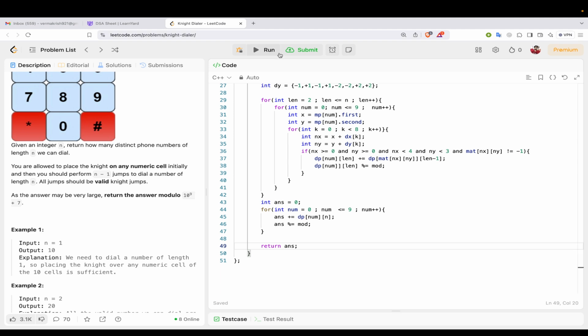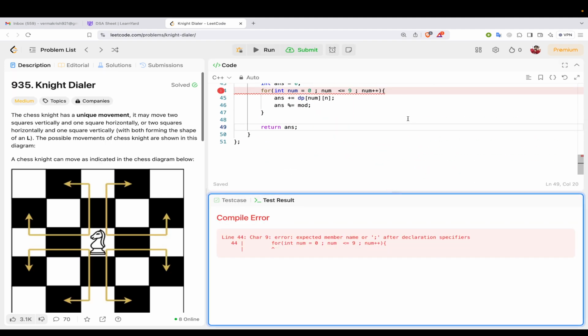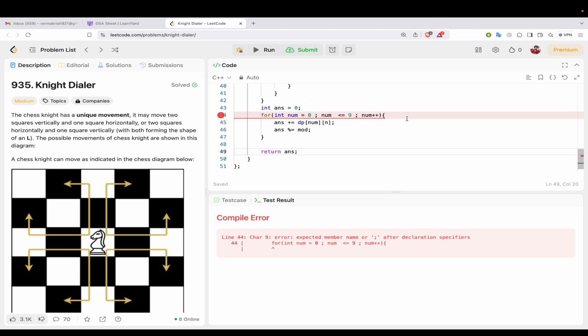Okay, so let's try to run it, whether everything is correct. So what's wrong with this? Something we missed. What did we miss here? The error says expected member name or after declaration specifiers.